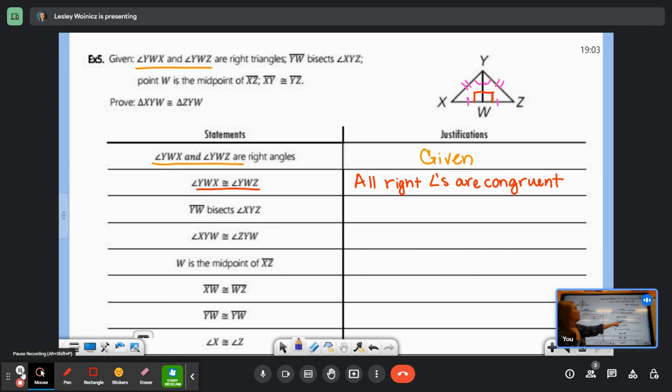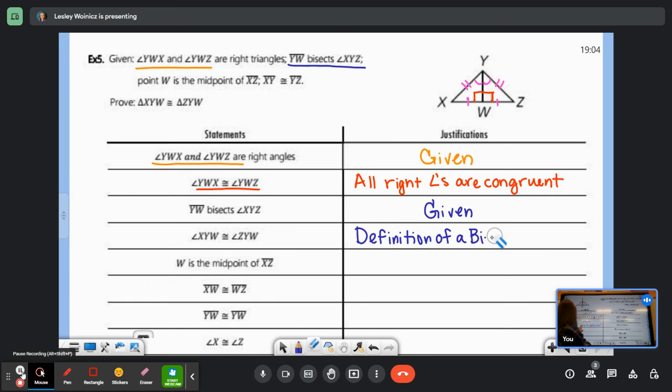Okay, we know that YW bisects angle XYZ because that was given to us. So if this is bisecting it, then we know that these two are congruent because of the definition of an angle bisector.